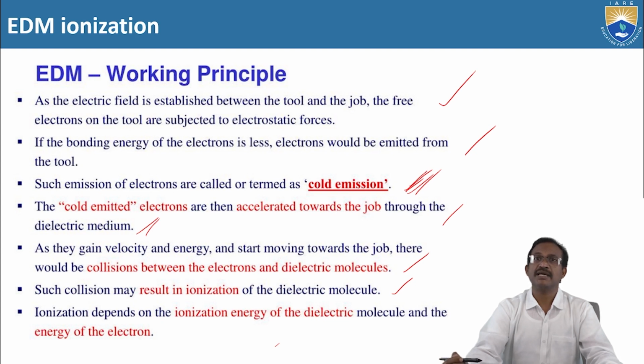Because of the kinetic energy of the electrons, the material removal is taking place. That kinetic energy is converted into heat energy. Because of that heat energy, the vaporization of material will take place such that the material removal will occur.